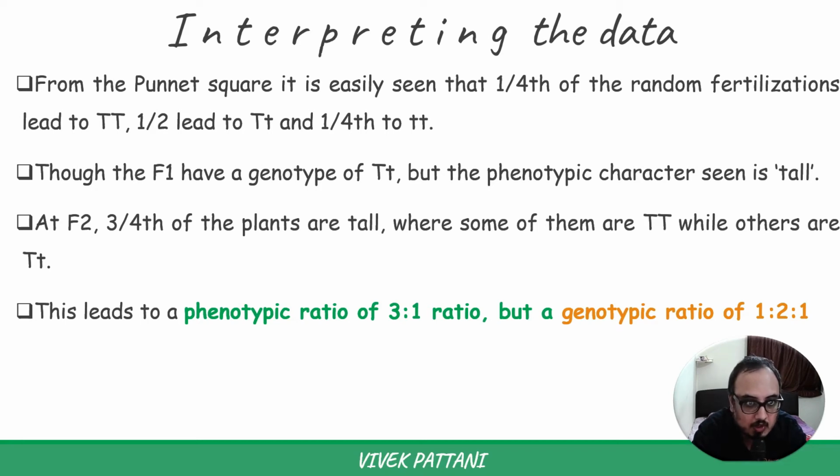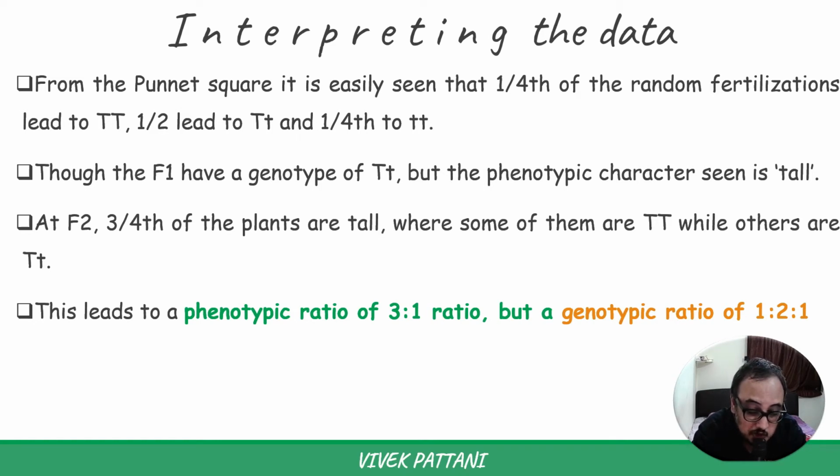And from the Punnett square, it is easily seen that 1/4 of the random fertilization led to TT plants, half led to Tt tall plants, and 1/4 to tt plants. So the F1 progeny were all tall, and in the F2, 3/4 of the plants were tall, where some of them were also pure ones, which led to a phenotypic ratio of 3:1.